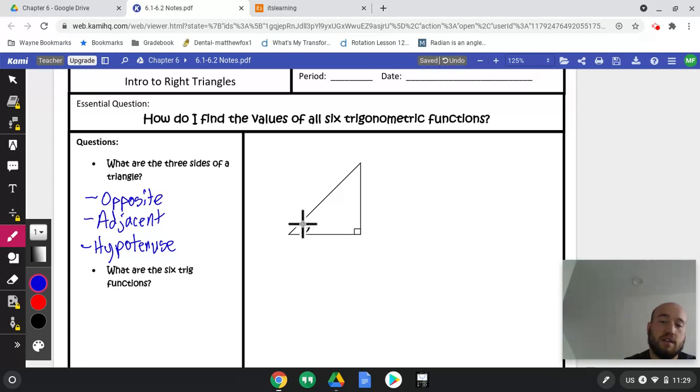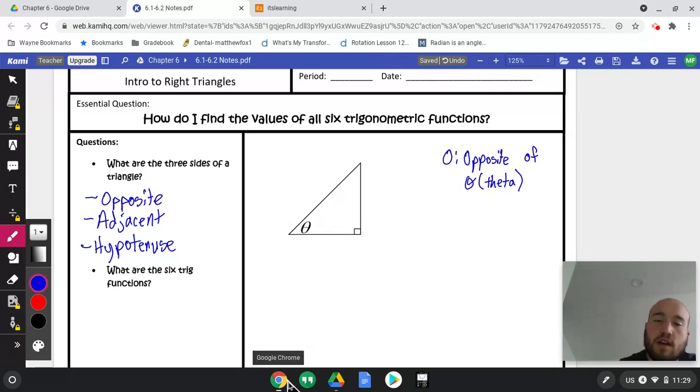That's like a Greek letter. It just is the angle that we're concerned with. So that's theta. Now, opposite. So we're going to represent this with an O, and it is opposite of theta. If you're wondering how to spell that, theta is Theta. So O is opposite of theta, meaning if we're at theta, opposite across it, this side. Another way to think of opposite would be the one side that does not make up the angle. So like this side makes up the angle, this side also makes up the angle.